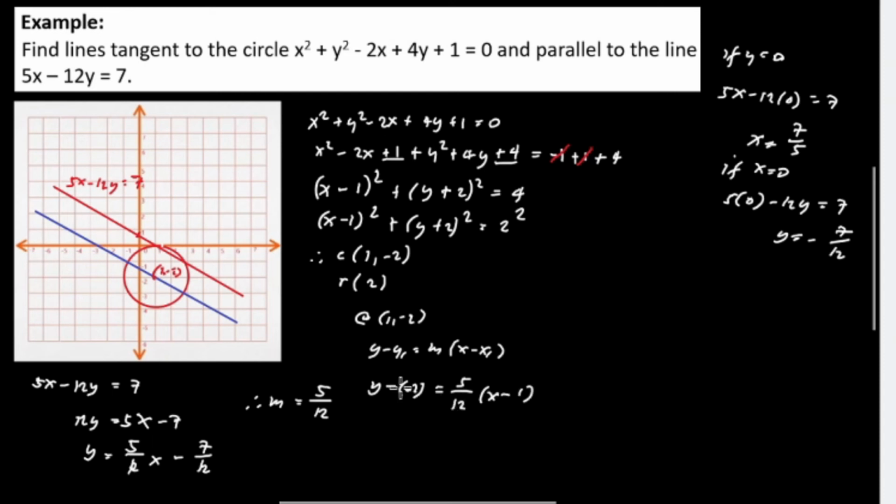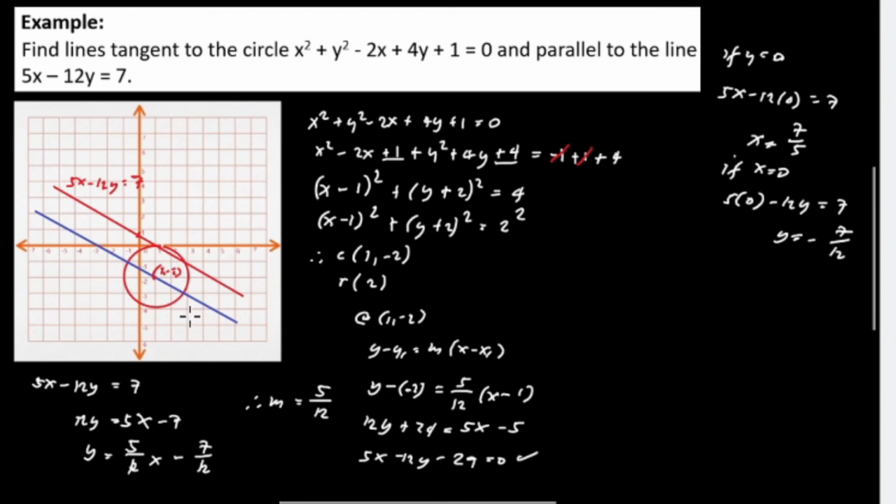Cross multiply 12 to the left, that's 12y plus 24 equals 5x minus 5. Transposing to the left, that's 5x minus 12y minus 5 minus 24, which is negative 29, equals 0.